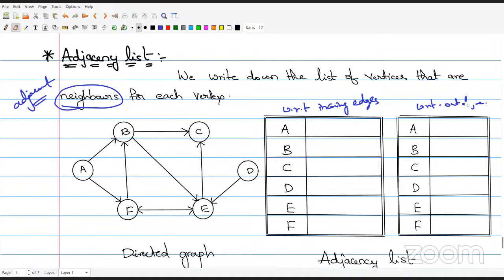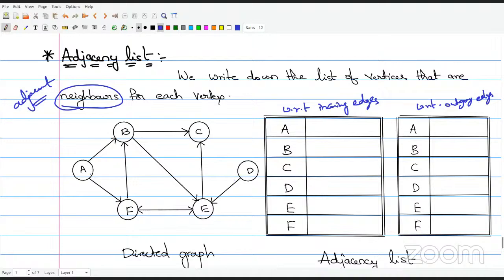With respect to outward edges, outgoing edges, you can say. Incoming edges means, see, with respect to this, FB is an incoming edge to B. So if it is an incoming edge to B, then I will say F is a neighbor to B. With respect to A, I have to look for all the edges coming towards A, and look for their corresponding opposite vertex.